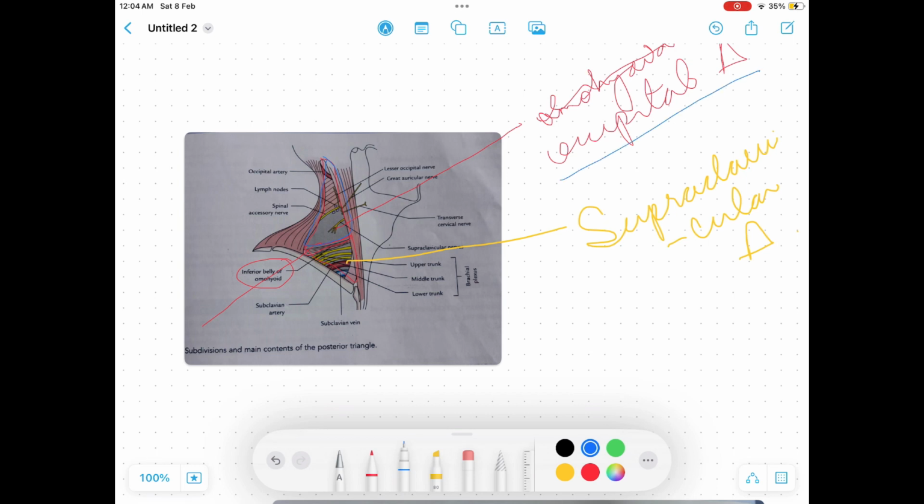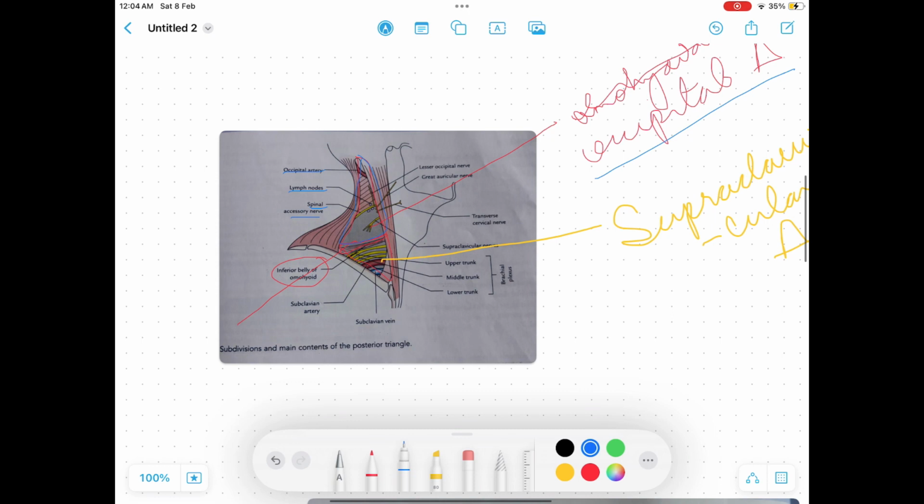It has occipital artery, lymph nodes, spinal accessory nerve, lesser occipital nerve, greater auricular nerve, and transverse cervical nerves, supraclavicular nerves. Okay, then it is divided by the inferior belly of omohyoid, and now it forms the supraclavicular triangle.